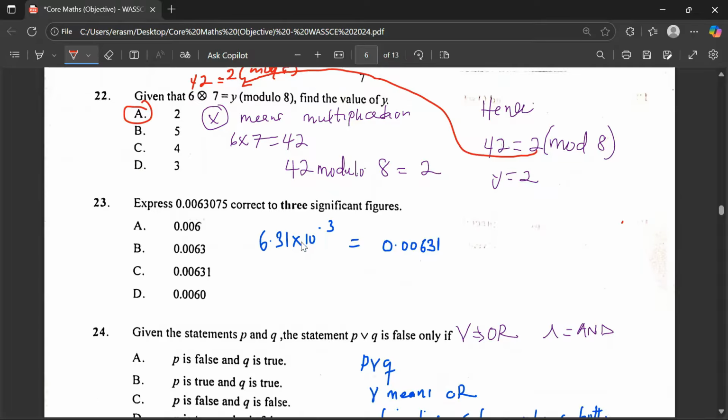And so this means that we need to send the decimal point 3 times to the left. You are going to have 1, 2, 3. So 0, 0, 0, 0.00631. That is option C.